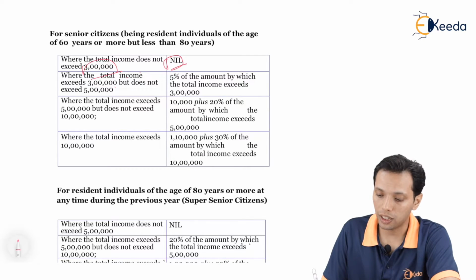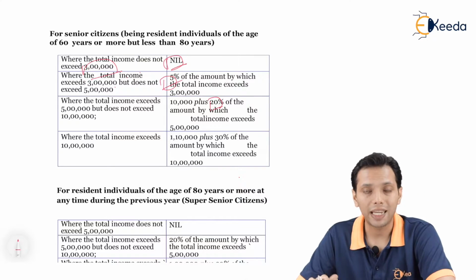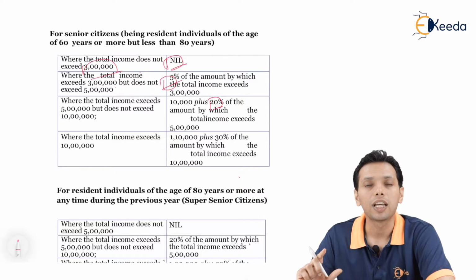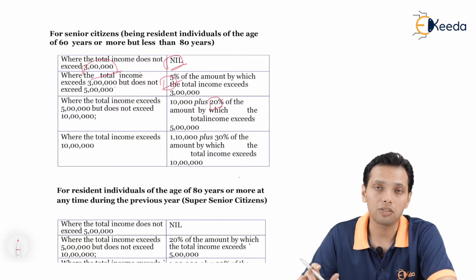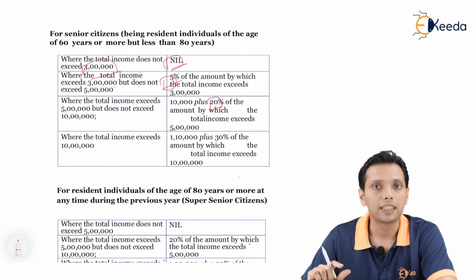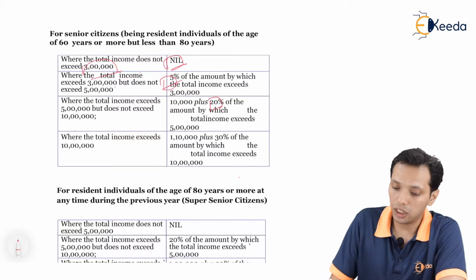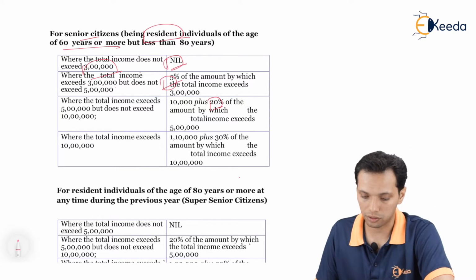Thereafter, from 3 to 5 it is 5%, and from 5 to 10 it is 20%. The example remains the same as we have discussed earlier. The only change is that the benefit is shifted from 2.5 to 3 lakhs, which is applicable to senior citizens at the age of 60 years or more, and they should be resident individuals.